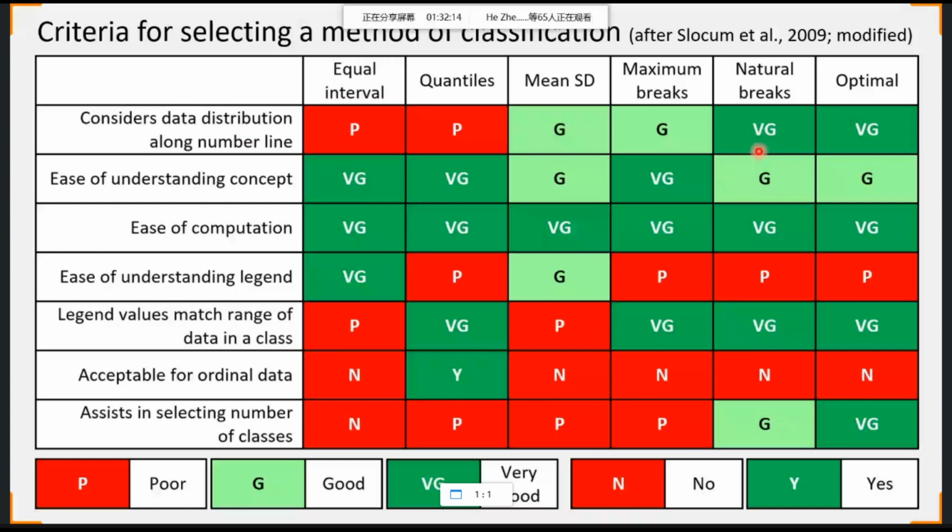So some of the methods are easier to understand, others are a bit more complicated. You will find many maps that use equal interval or a method that is not even clearly defined. So it's sometimes a kind of mixture. You use natural breaks, but it's somehow mixed with maximum breaks.